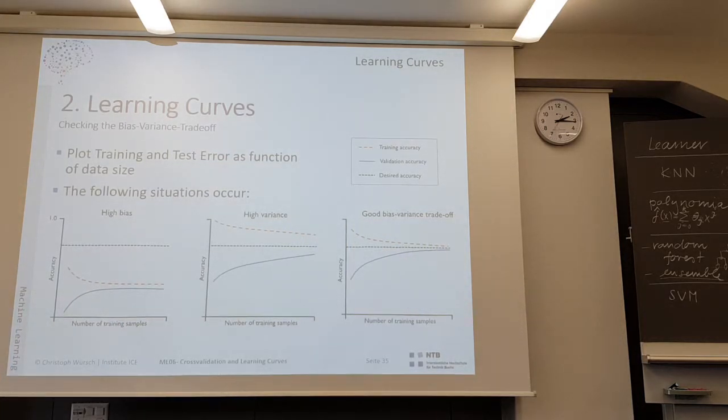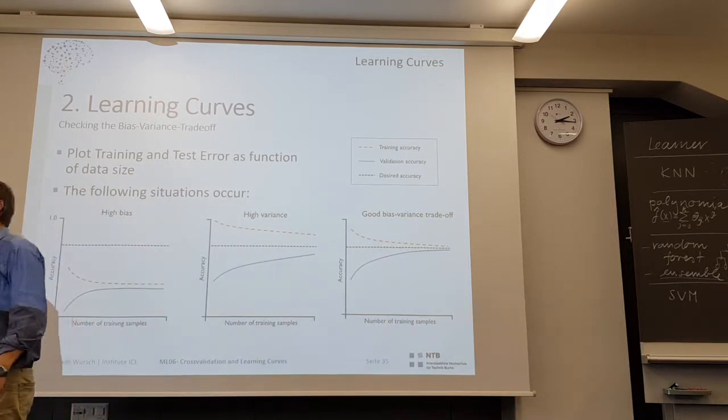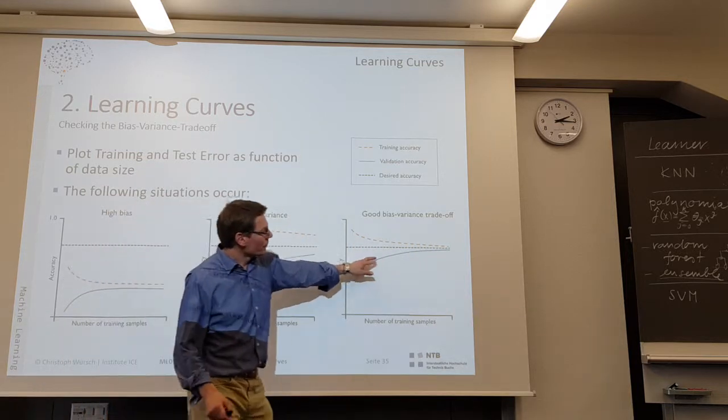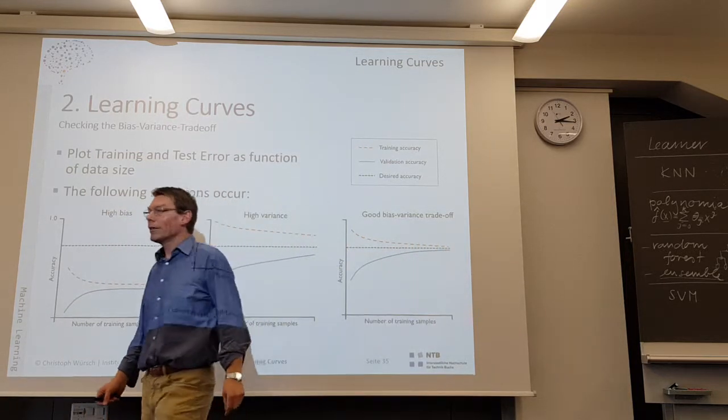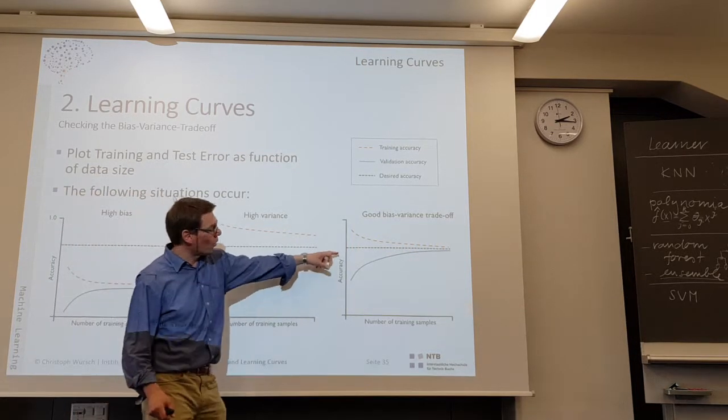Yeah? If you have such a saturation function for the accuracy, can you calculate how this function would go for a larger set? If you're saturated, then you're fine actually. For example, here, the gap indicates how big my variance on the model is. We have good accuracy on both things.